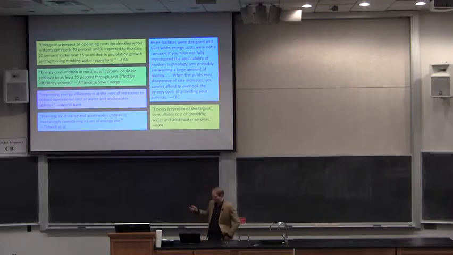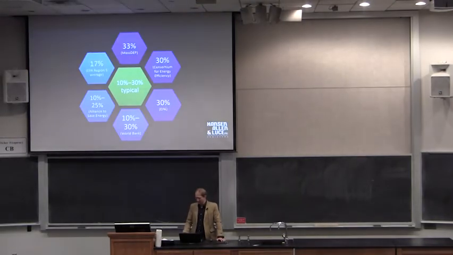So this is not for you to read, but this is just a bunch of quotes from national and international organizations that have studied the inefficiency of water systems. So this is all theoretical. This is not from them actually saving energy. This is them looking and seeing, well, how much energy could be saved? And generally they say it's 10 to 30%.